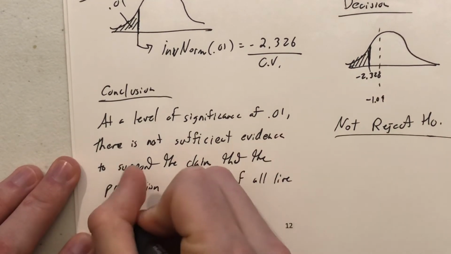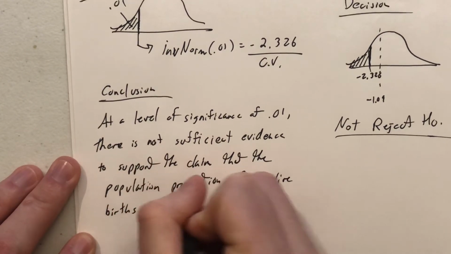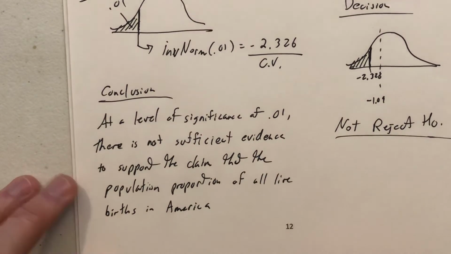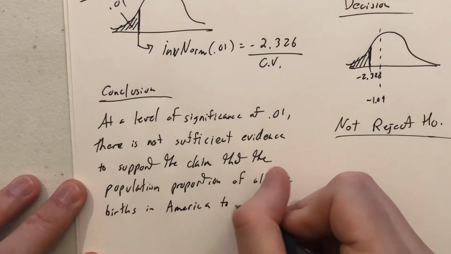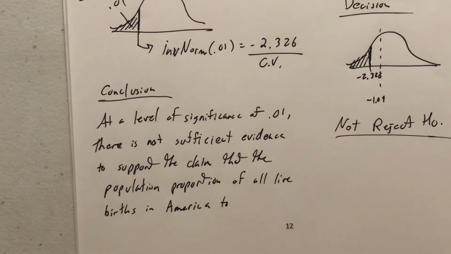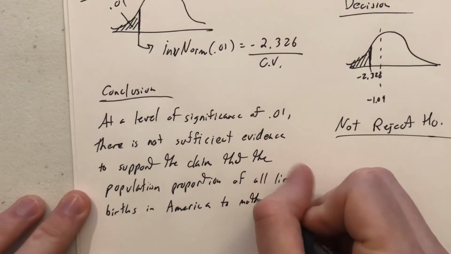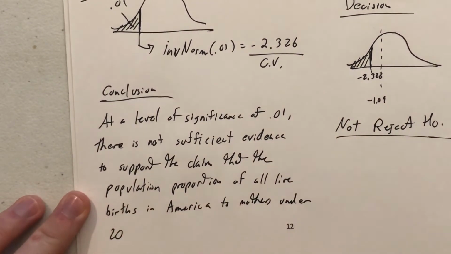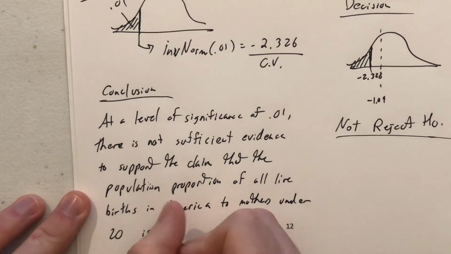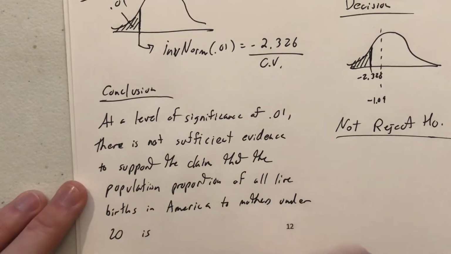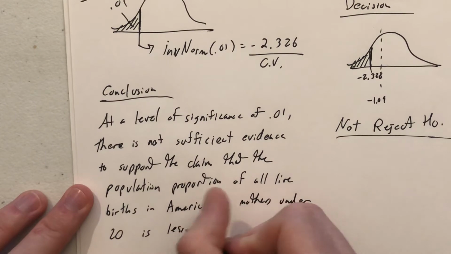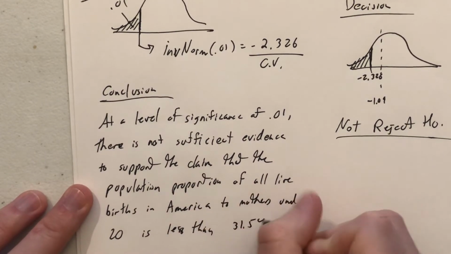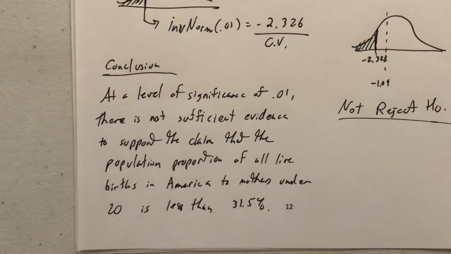of all live births in America to mothers under 20 is less than 31.5%.